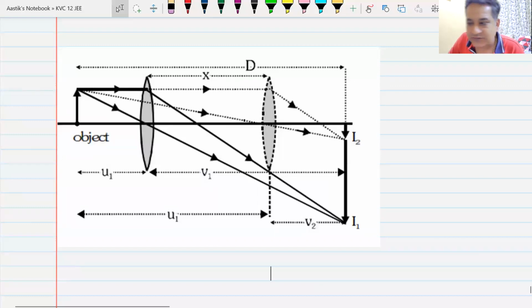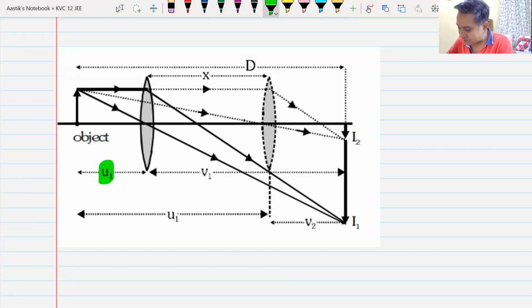So the diagram looks like this. It looks very complicated, but just concentrate on one thing at a time. U1 is the first position of the lens. Once you get the value of U1, you will get the value of V1, and this is the image formed here, I1.